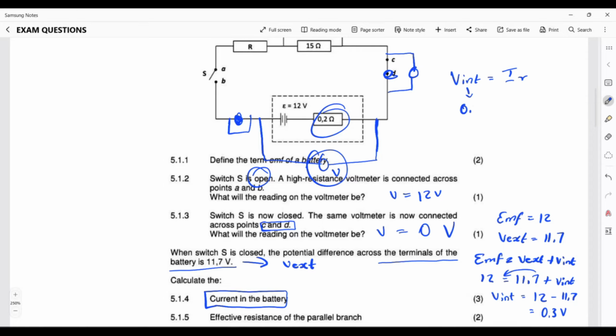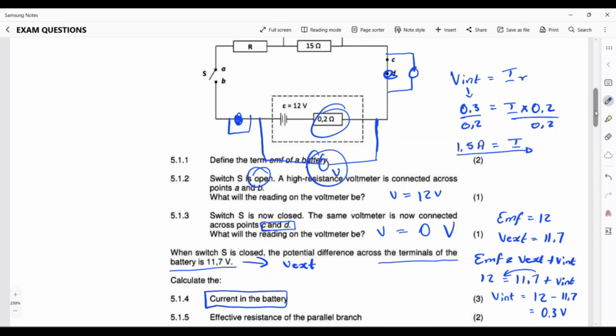That's 0.3. And what is my current? My internal resistance is 0.2, so I divide by 0.2 and I get 1.5 A. That's my total current in the battery.